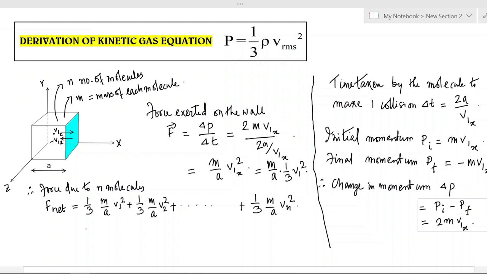So now we can take out common 1/3 m by a, isn't it? If I take out 1/3 m by a as common, what is remaining? v1 square plus v2 square plus dot dot dot up to vn square, right?